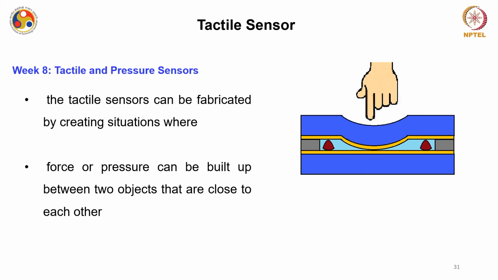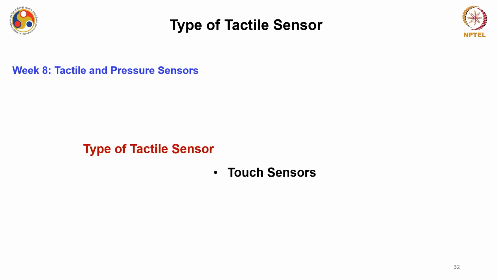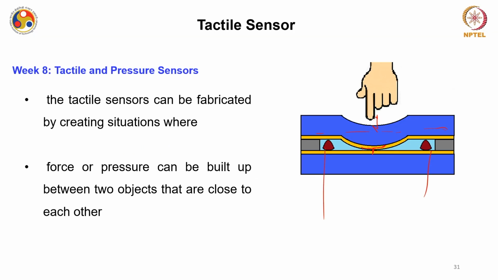One of the examples was like this: you have two piezoresistors in place and a diaphragm kind of structure, and once you pinch it, if this material touches it, there is a kind of short circuit or the voltage is 0, and accordingly you can say whether it is touched or not touched. That is the exact work of a tactile sensor.